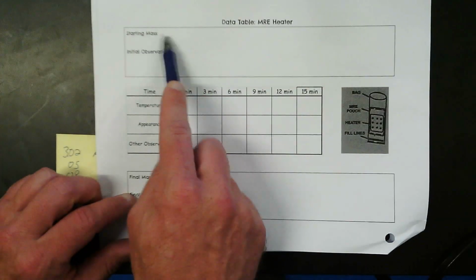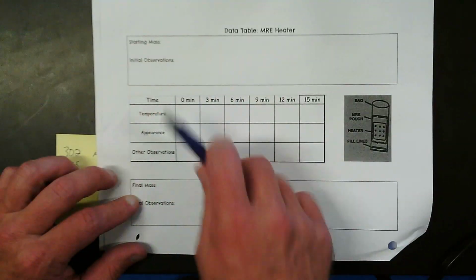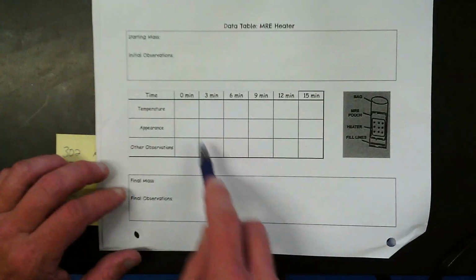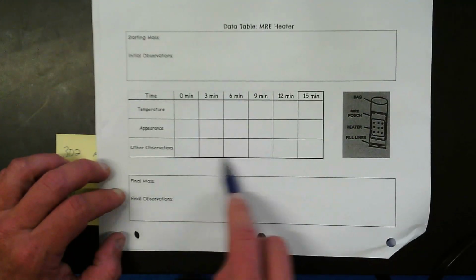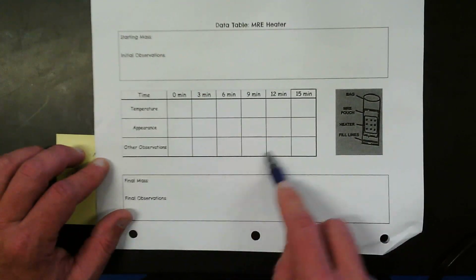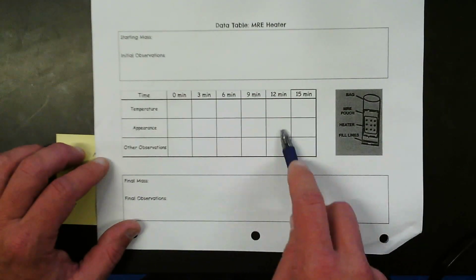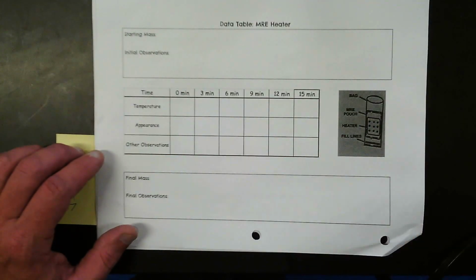So you should have this data: your starting mass, any initial observations, and your temperature. You didn't really see any appearances. I smelled some. I'm not sure where it was, but I told you when I started smelling it around here. Appearance: the cup right here started to fall over. The plastic got so soft it fell over.